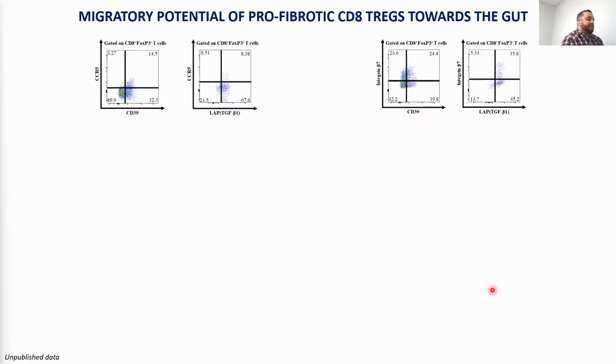Finally, we were interested in evaluating what happened with the CD39 and latent TGF-beta positive CD8 Tregs that could potentially migrate to the gut. So for that, we evaluated the expression of CCR9 and integrin beta-7 in CD39 positive and latent TGF-beta positive CD8 Tregs.